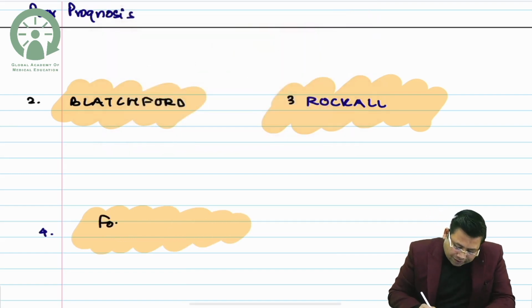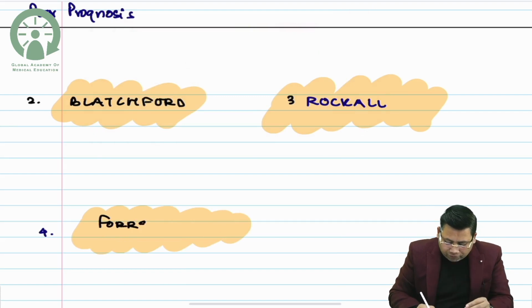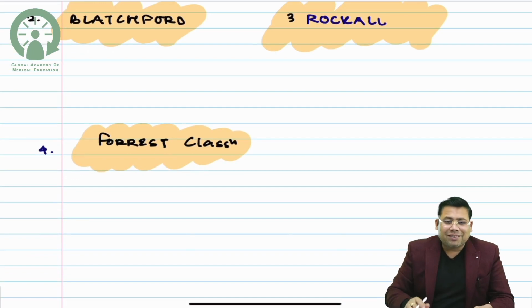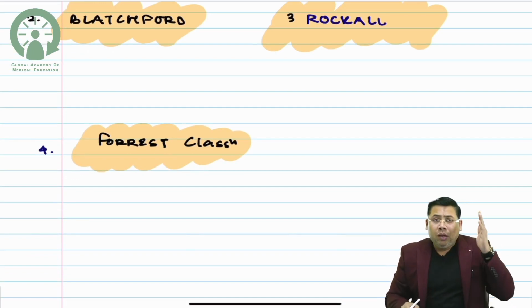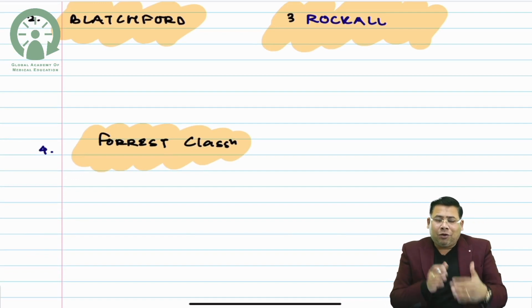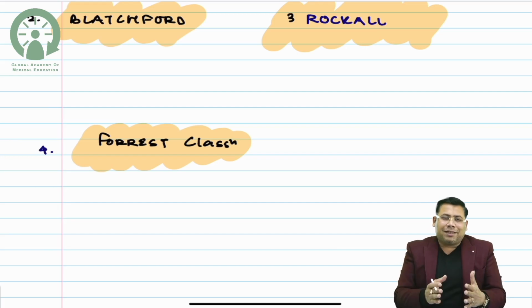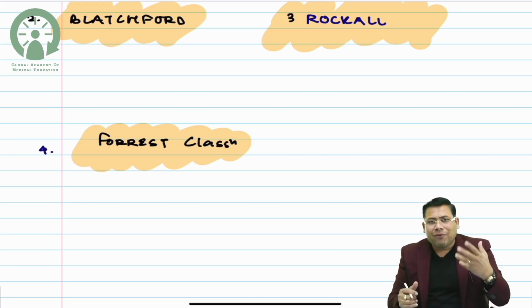That's the Forest classification. Forest is very important. What is the Forest classification? Actually, it's a classification for GI bleeds related to peptic ulcer disease. And not only a classification, it's a prognostic index to decide the risk of rebleed.